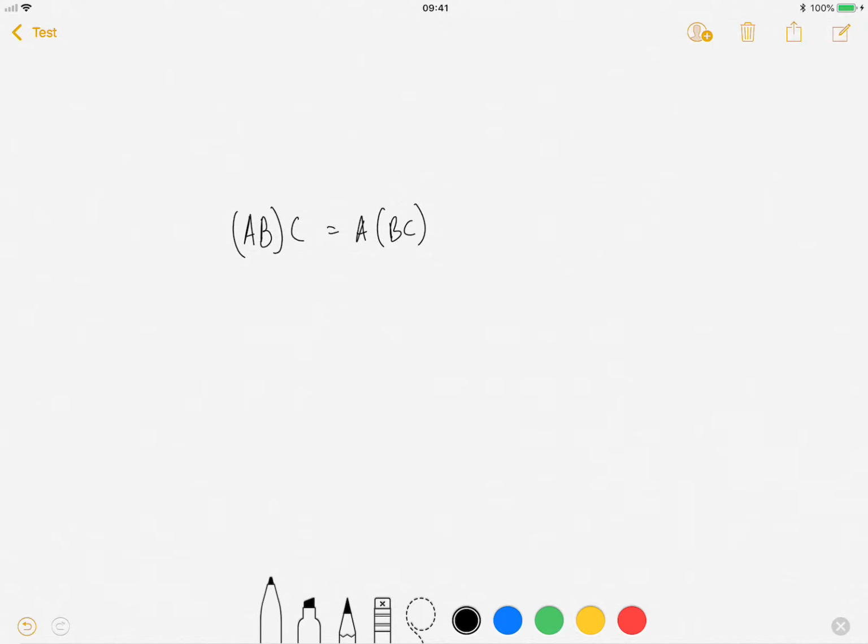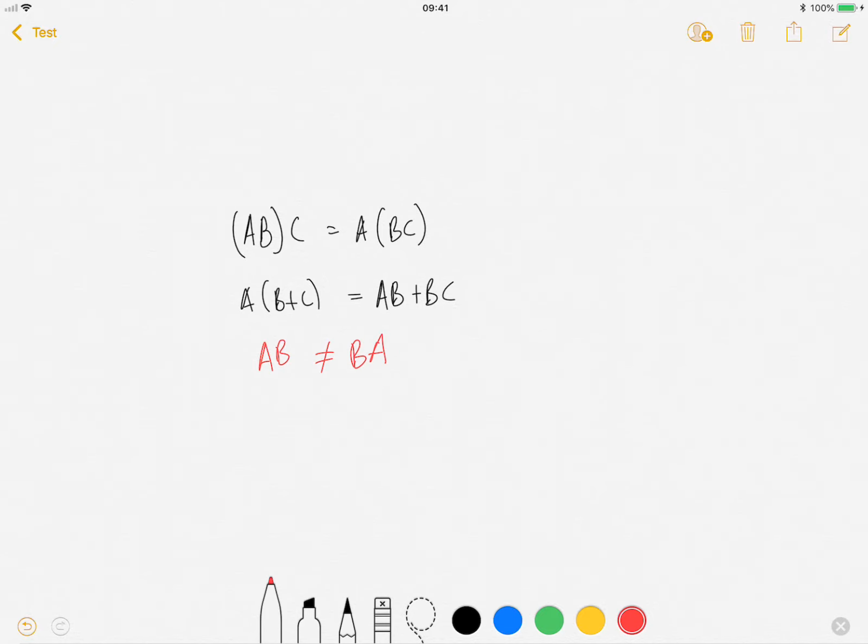And it is also distributive, so A multiplied by B plus C is equal to AB plus AC. But something that's very important is that AB is not generally the same as BA.